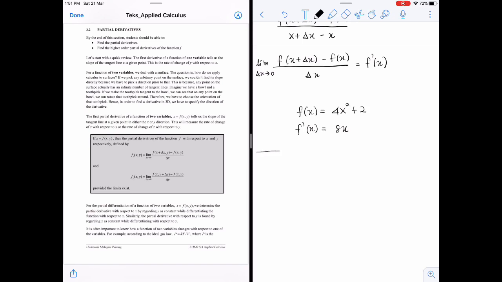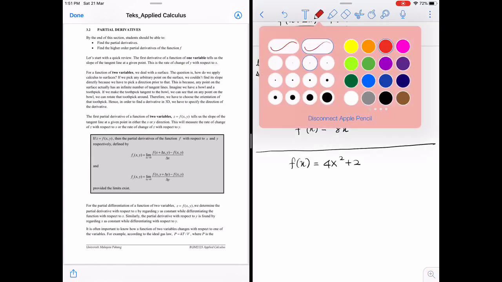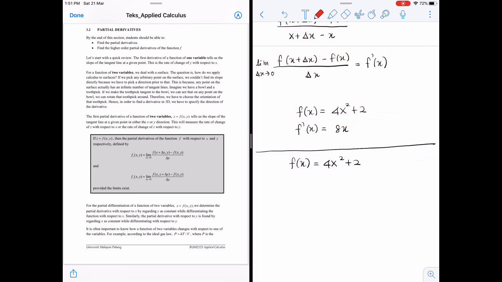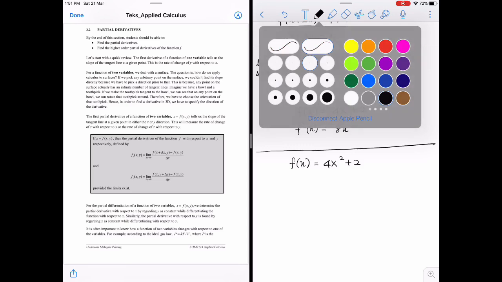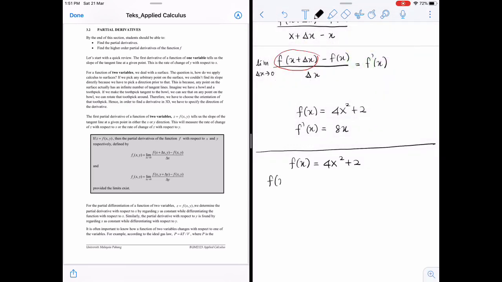So let's say we now have f(x) equal to 4x squared plus 2. In the first principle of the derivative, we need to find f(x plus delta x). So we will have f(x plus delta x) equal to 4 times (x plus delta x) squared plus 2.